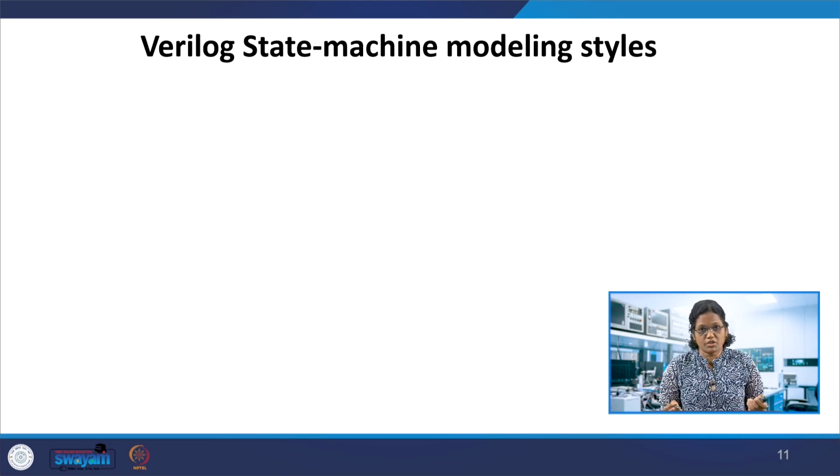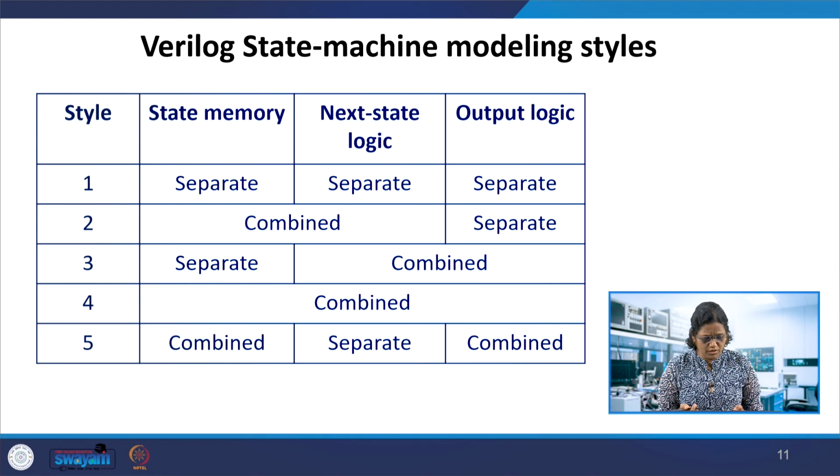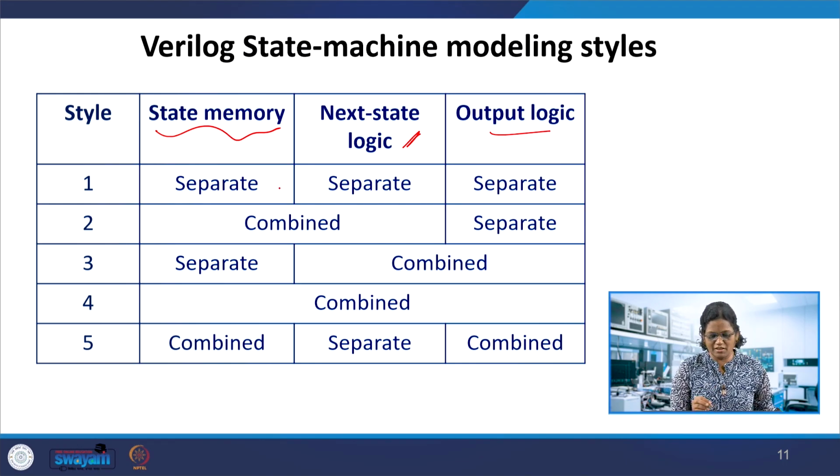Verilog state machine modeling styles. First we have these three blocks: state memory, next state logic and output logic. In a module these three important blocks can be done in different styles. In style one, we have the state memory, next state logic and output logic each separately.